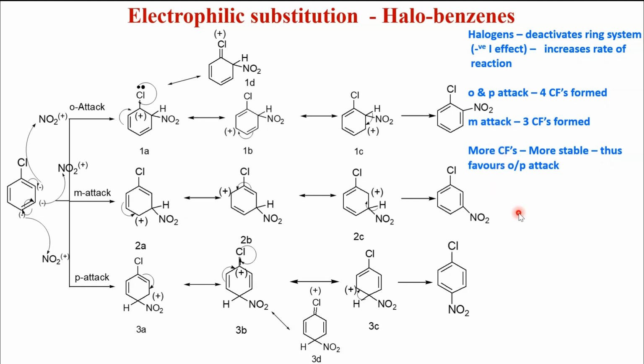As more canonical forms are formed, the stability of the intermediates is greater in the ortho attack and the para attack. Thus, when there is a halogen group, ortho-para attack is the preferable site of attack and it always gives the ortho-para directing group.